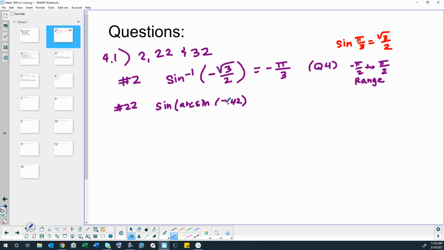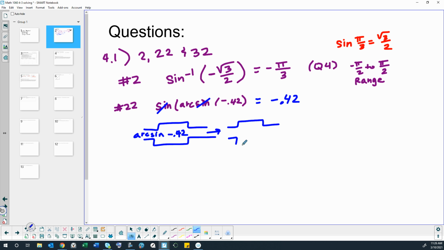A negative ratio is going to give you a negative quadrant 4 angle, but then because it's both sine and arc sine, they just cancel each other out. So the answer is just what you started with, because it's like you have a machine. You have the arc sine of negative 0.42, and you get out an answer, and you put that answer into the sine of whatever that answer is.